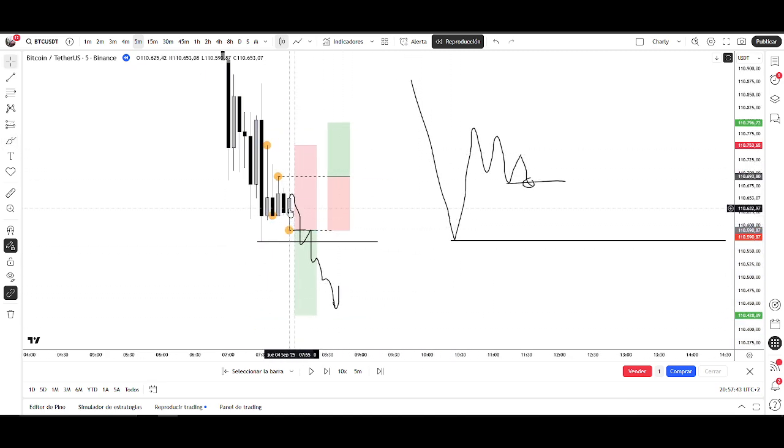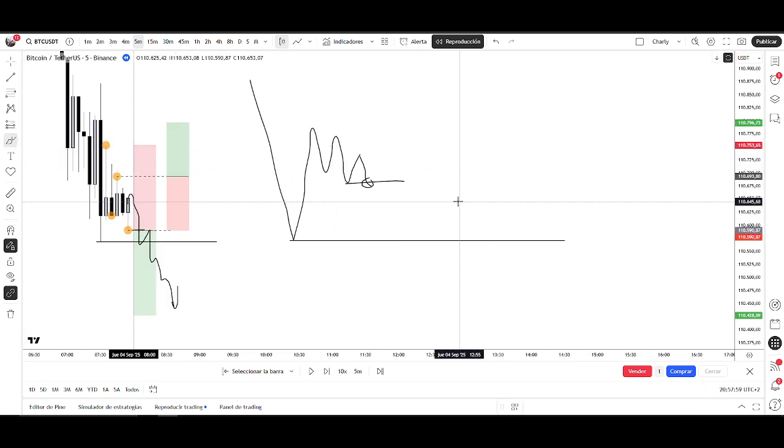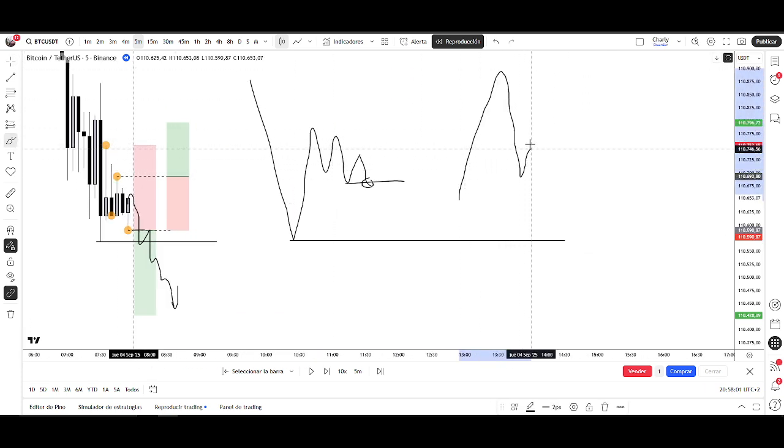So if the second impulse already breaks the lower low, the entry is not valid anymore for a bearish rule of the third. You must have the second lower low without breaking the significant lower low, or in the opposite direction, having the second higher high without breaking the significant higher high, if that makes sense.